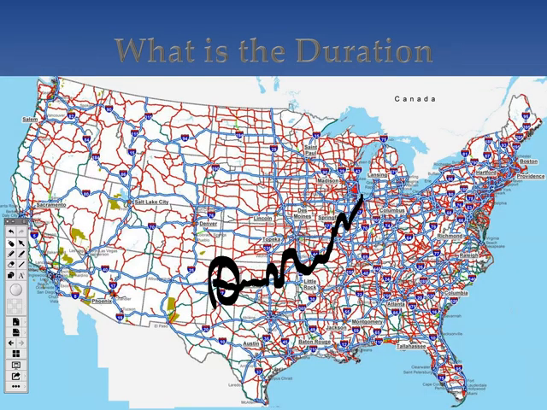I've hit just about every one of them off of 40, off of 70, off of 90. I've hit just about every roadside attraction that you'd ever hear of. So in this case, I'm going to take the long road, maybe go to the Four Corners, go and see Antelope Canyon, which is something everybody should do.